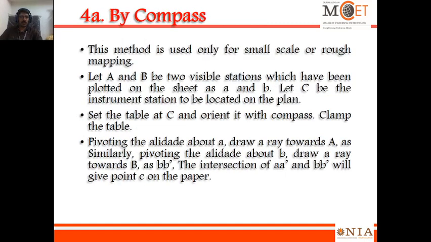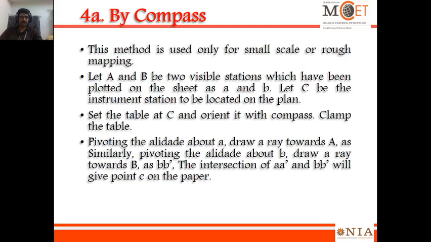This method is used only for small scale or rough mapping, right? By compass, how can we set it? Let A and B be two visible stations which have been plotted on the sheet as small a and b. Let C be the instrument station to be located, to be determined also. Set the table at C and orient it with the compass. Clamp the table.